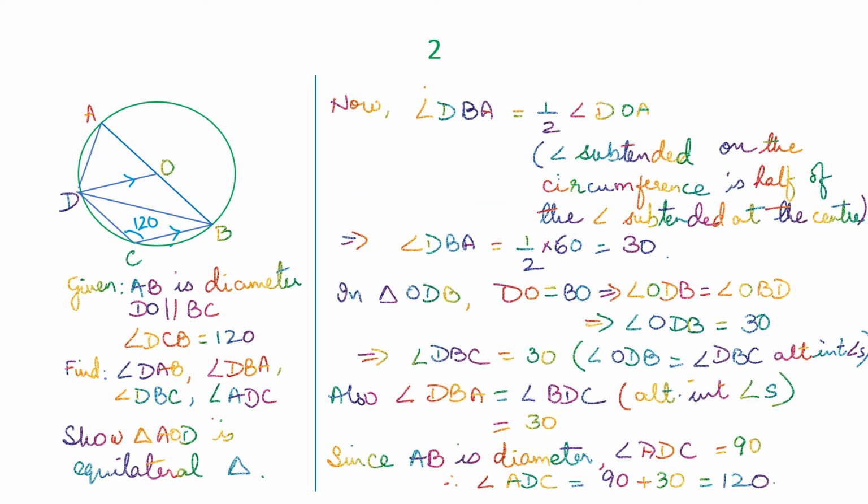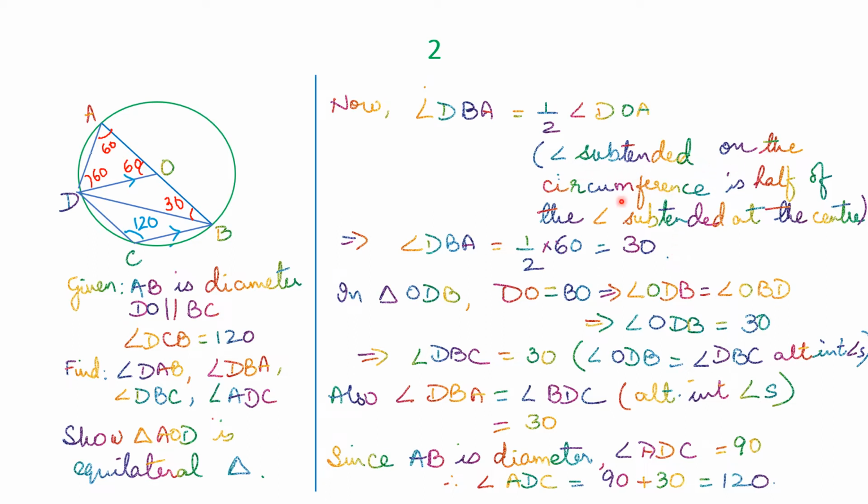Now further over here, I will write this is 60, we got this as 60. Now if this angle at the center AOD is equal to 60, it implies the angle on the circumference, that is angle ABD, with the same endpoints, is going to be half of 60, which is equal to 30.